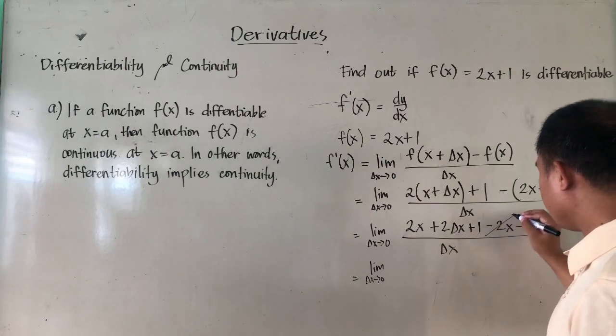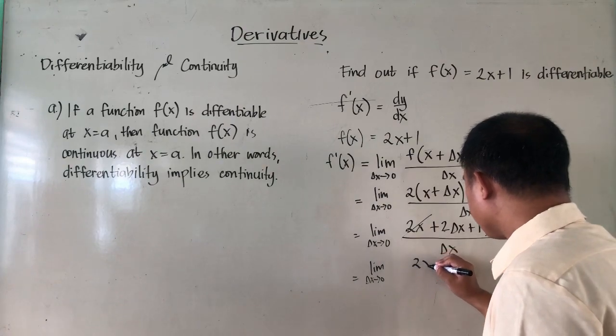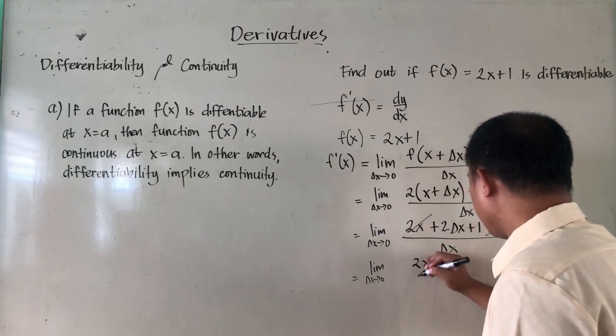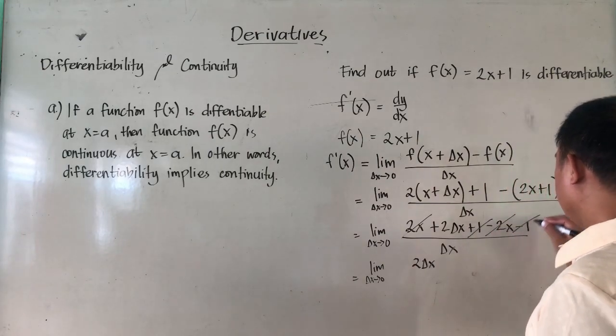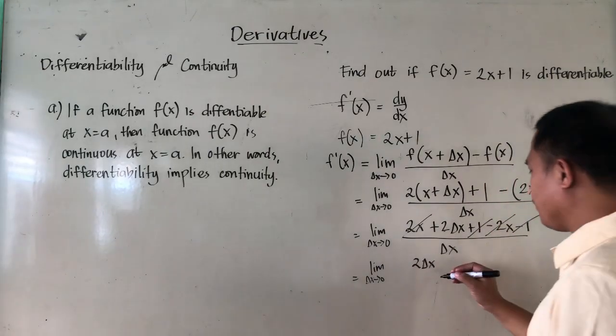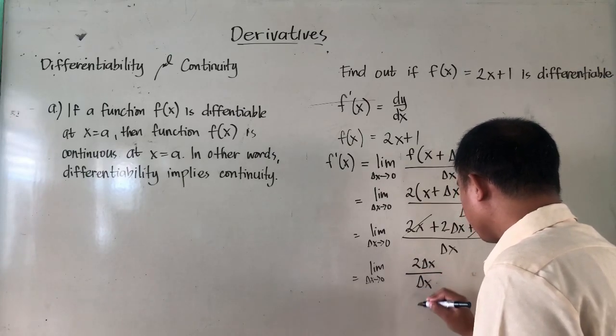So, we need to cancel these. What remains is 2 delta x over delta x.